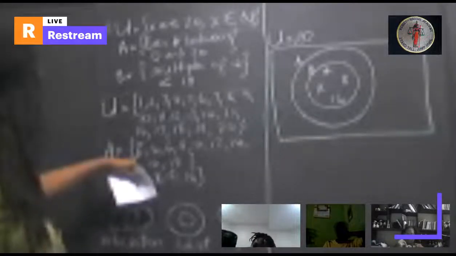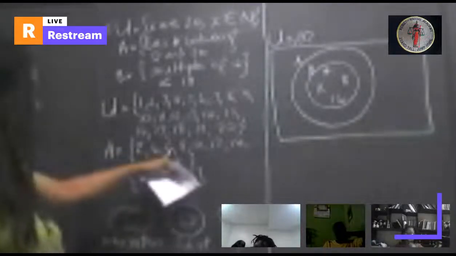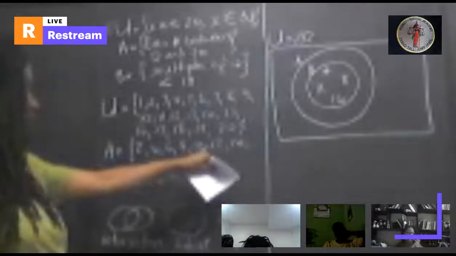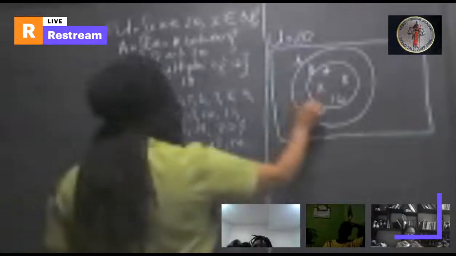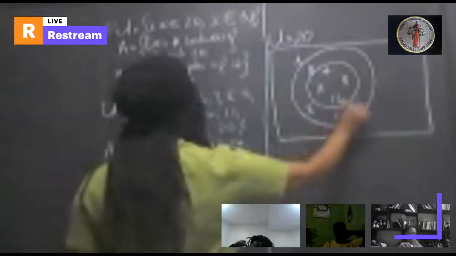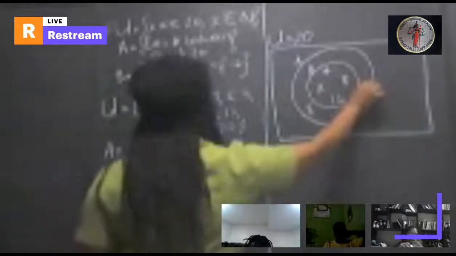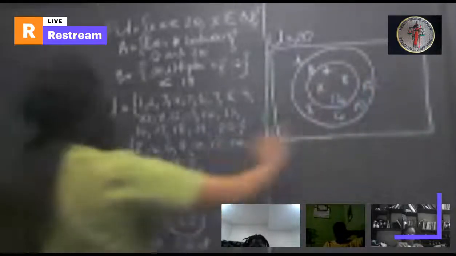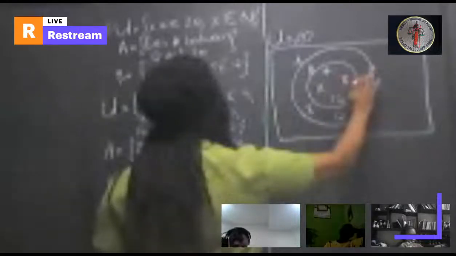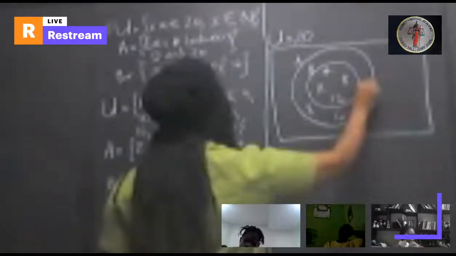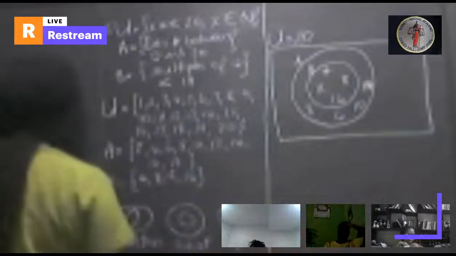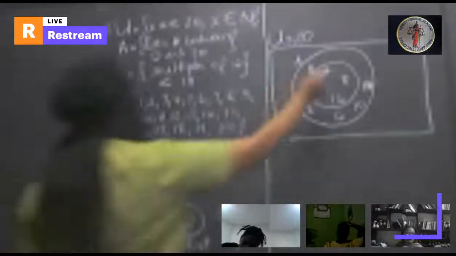So we have 2, 6, 10, 14 and 18. So in A only: 2, 6, 10, 14, 18.